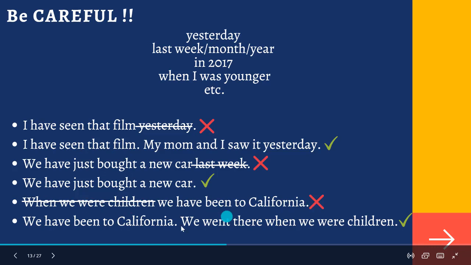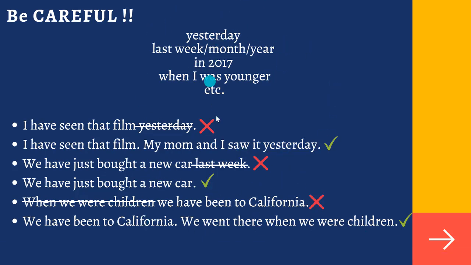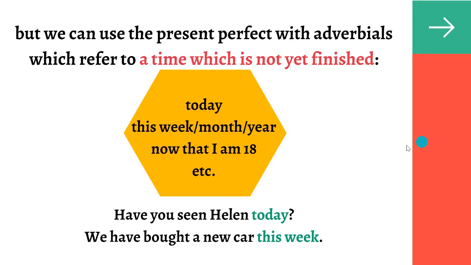This is not the correct sentence, because this is the adverbial clause for simple past. The correct sentence should be: we have been to California. We went there when we were children. So this is the example. We have to be careful in using the time adverbials, okay, because it's pretty tricky.